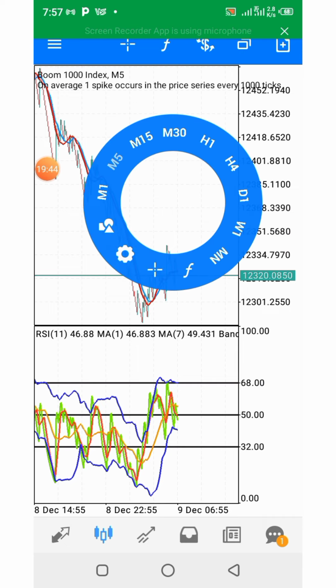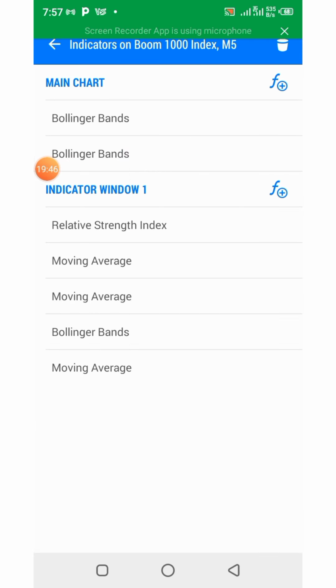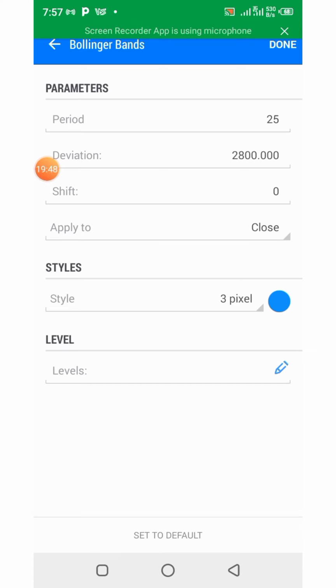Okay, here we have in our setup, you have your Bollinger Bands. Please, you can screenshot it because I may not have time to read all. In your first Bollinger Bands, in your main chart, you have period 25, deviation 2.8, shift 0, apply to close, style 3 pixel, then color.